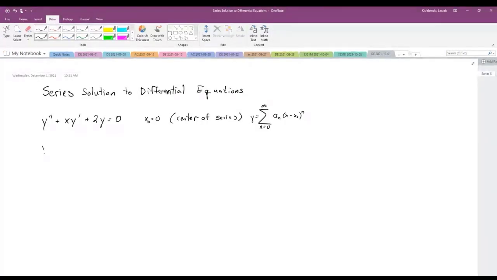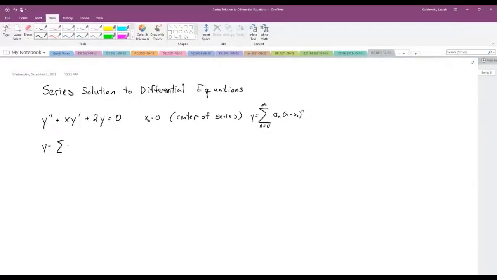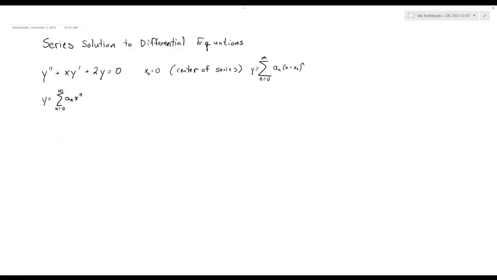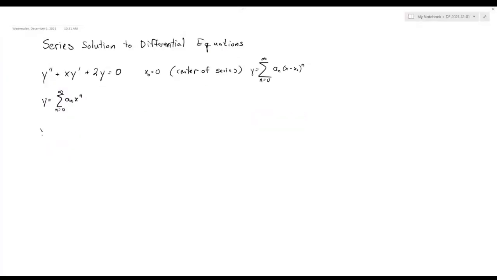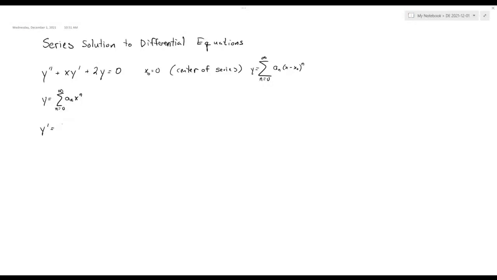Since the center is 0, we just get x to the n. We then differentiate twice, and we assume that we can differentiate term by term, with respect to x, of course.